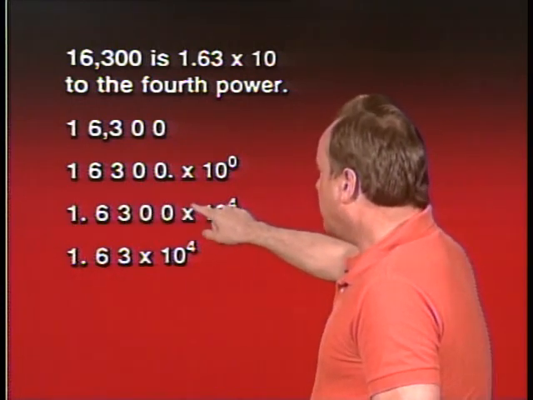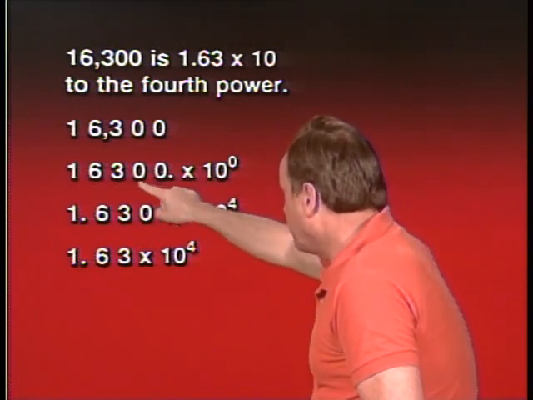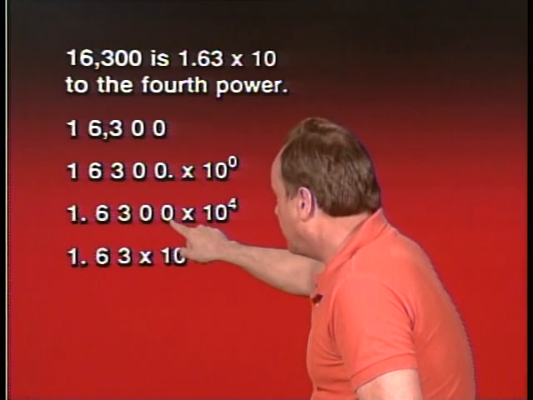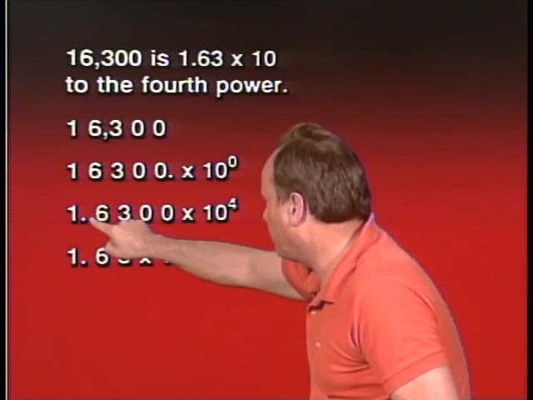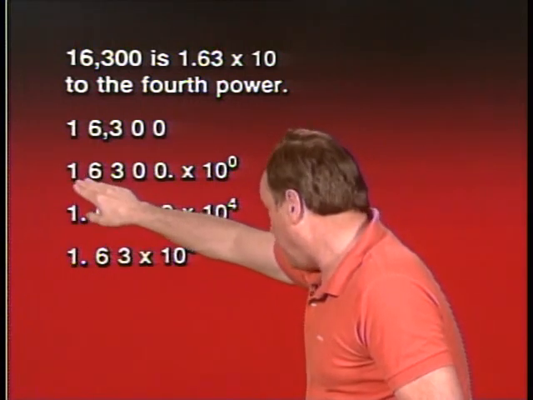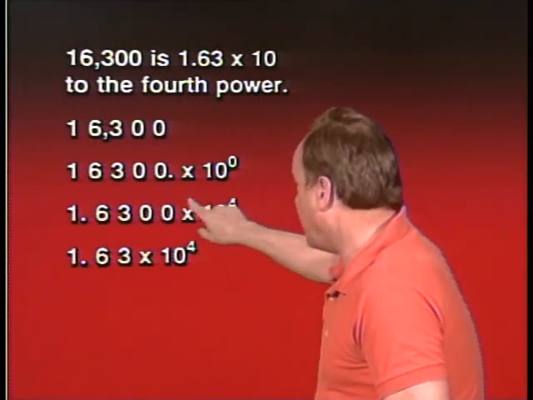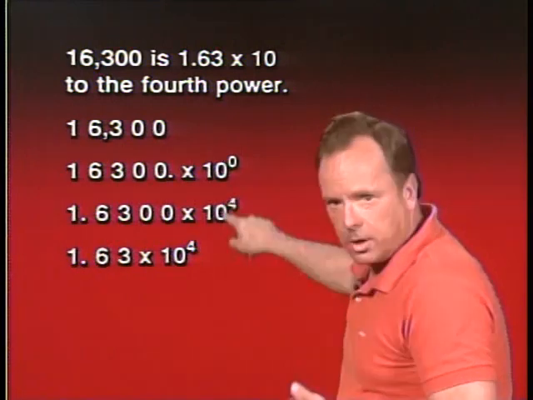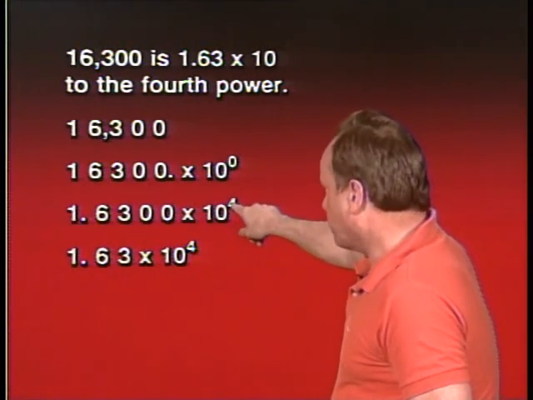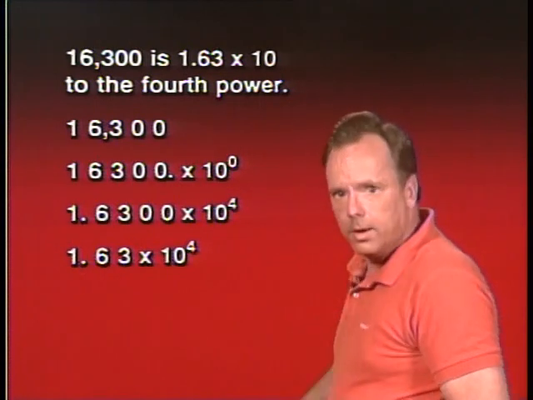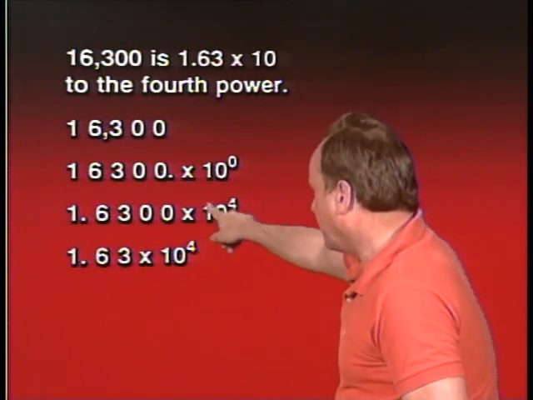Now, if I divide this number by 10,000, I move the decimal point 4 places to the left. 1, 2, 3, 4. Then it becomes 1.63. But if I divide it by 10,000, I have to increase this number by 10,000 in order for the answer to still be the same. So I just raise it to 10 to the power of 4, and that's the same as multiplying that number by 10,000.